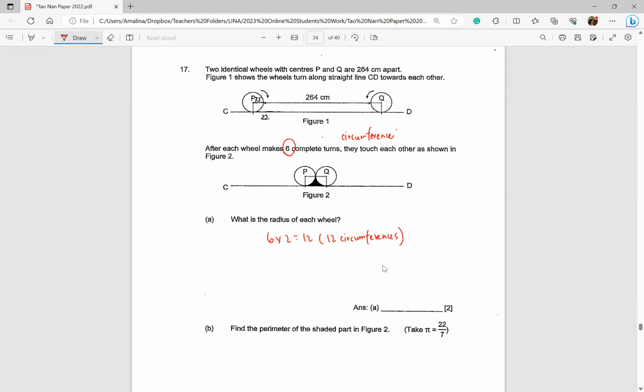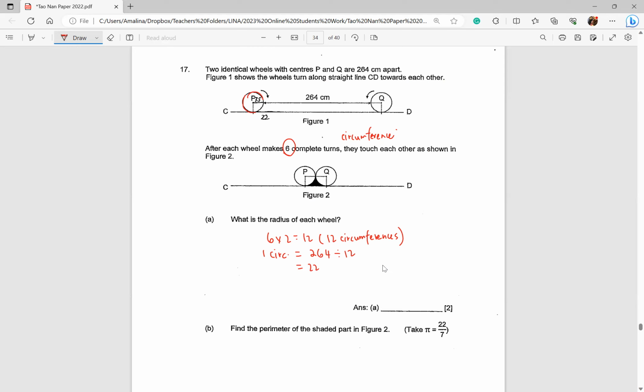Okay, now if I want to find the distance of one circumference, I will take my 264 cm, the distance between these two wheels. I will divide this by 12 circumferences. So 264 divided by 12 means that one circumference is 22 cm. So this whole circumference is 22 cm each.